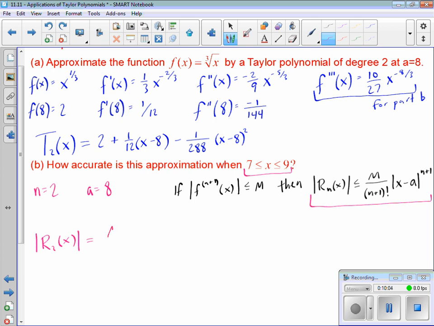M over, yep. And the big thing here is finding what M equals, so that's what we're going to do next. And instead of n plus 1 factorial, what's that going to turn into? 3 factorial. Just leave it as 3 factorial, but yep, it'd be 6. And then absolute value of x minus 8 to the third.